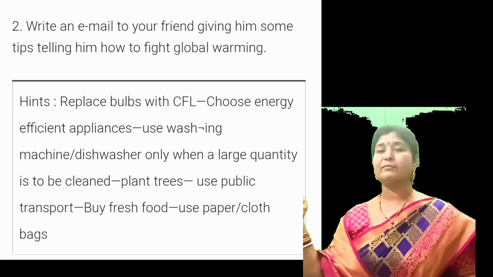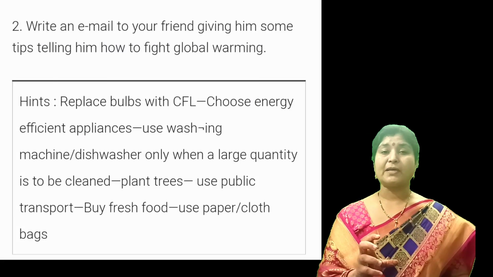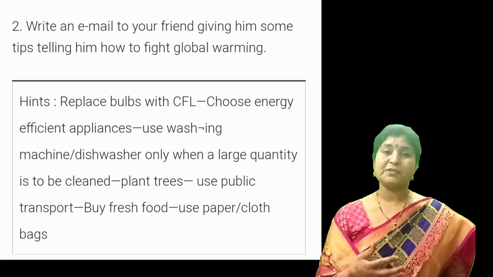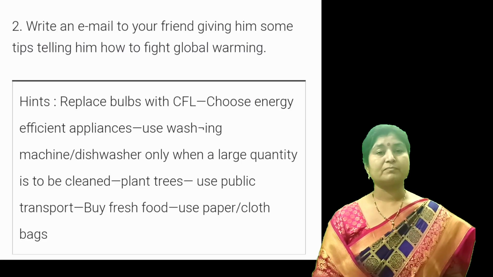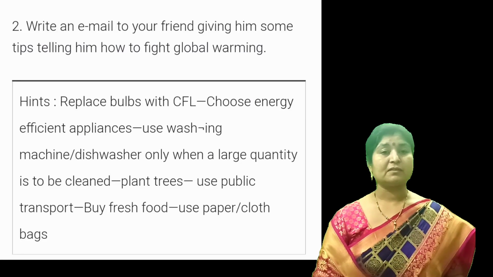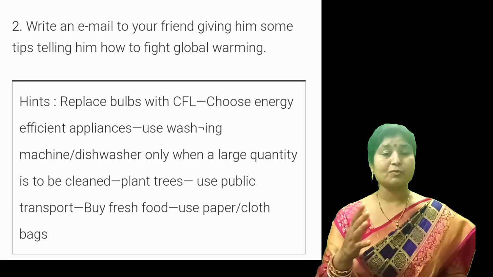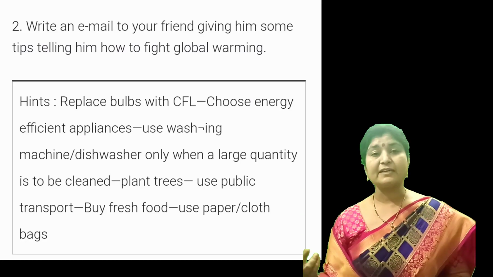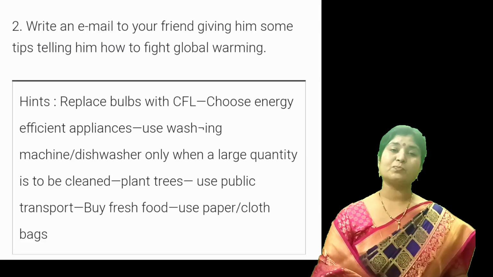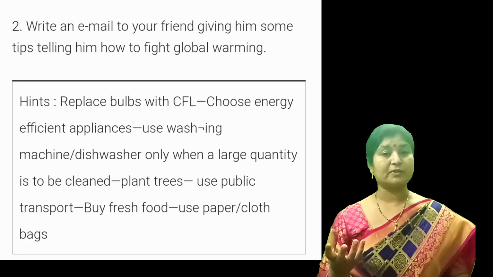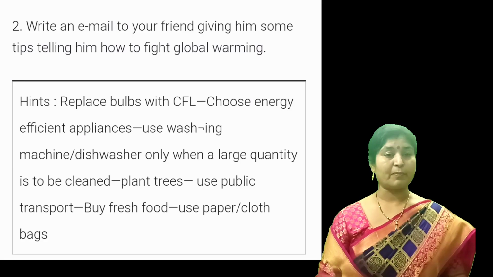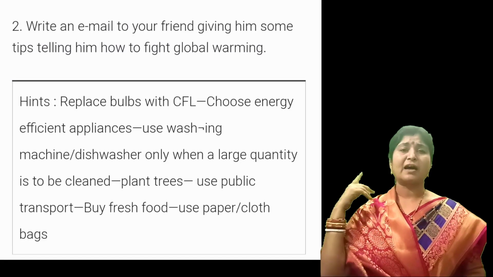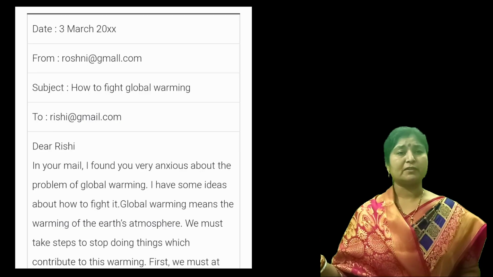Some hints you can get from this: replace the bulbs with CFL, choose energy efficient appliances, use the washing machine and dishwasher only when a large quantity is to be cleaned, plant trees, use public transport, buy fresh food, use paper or cloth bags. So first, the date, 3rd March 2020.